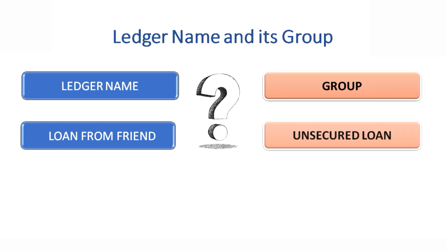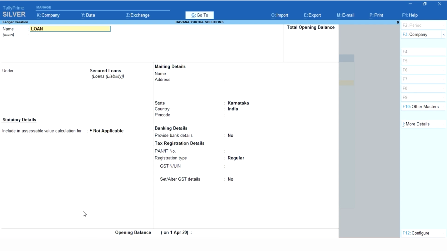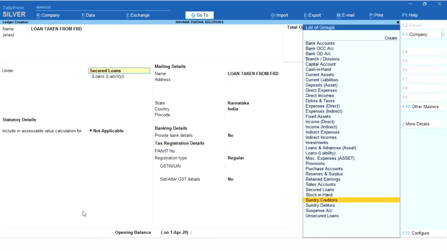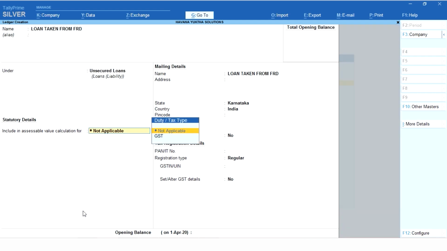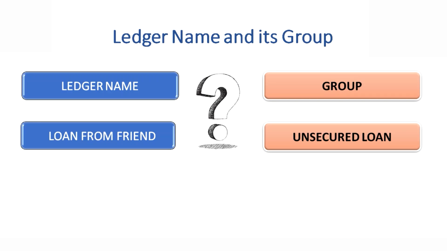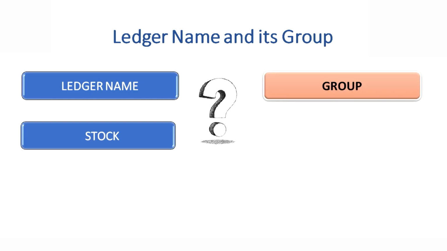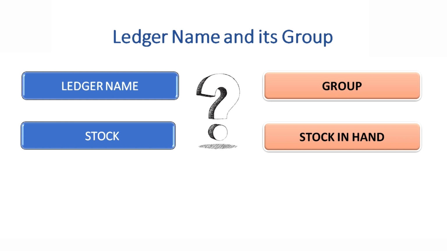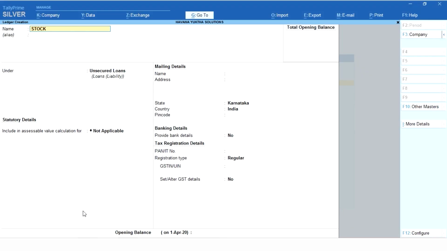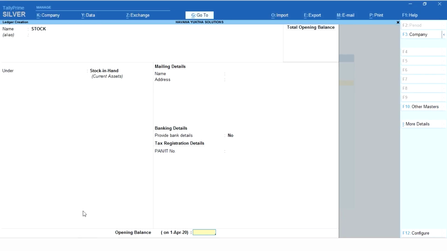This will be an unsecured loan. We go with unsecured loan here. So next ledger will be stock, will be grouped under stock in hand and we'll accept the screen.